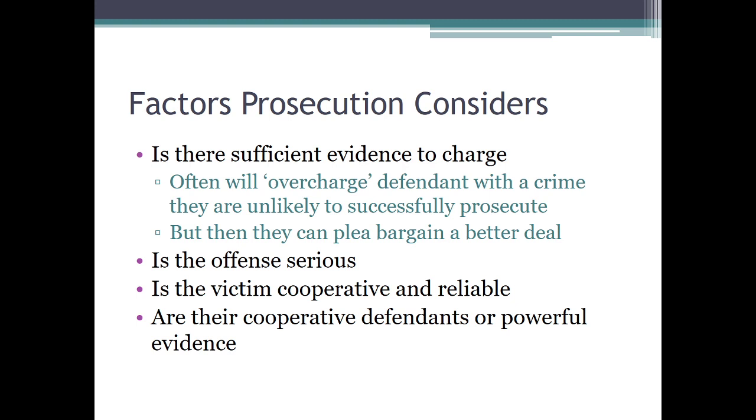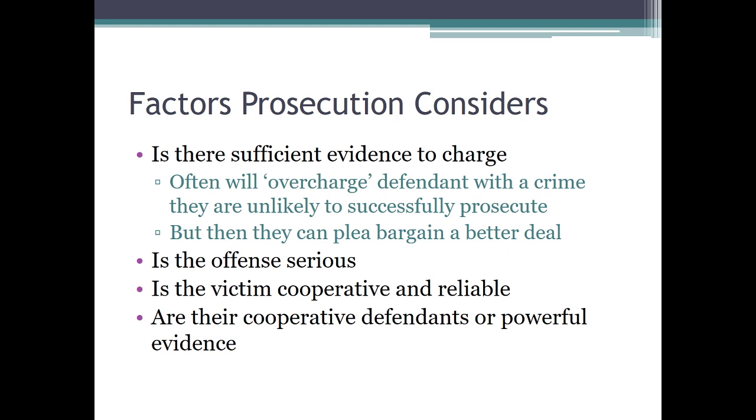Well, one of the things is, and this opens up some criticism of our system, is the prosecution has to ask, is there enough evidence to charge? Now notice I'm using the term charge and not convict. So one of the things that the prosecution will do is they will engage in overcharging.